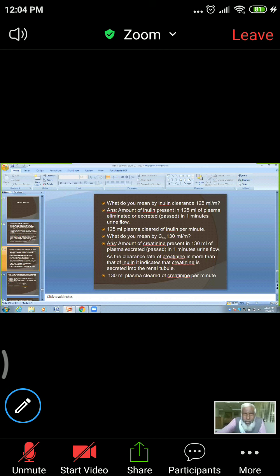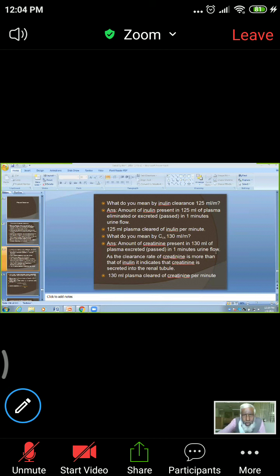Okay, what do you mean by creatinine clearance 130 ml per minute? Amount of creatinine present in 130 ml of plasma excreted in 1 minute's urine flow.